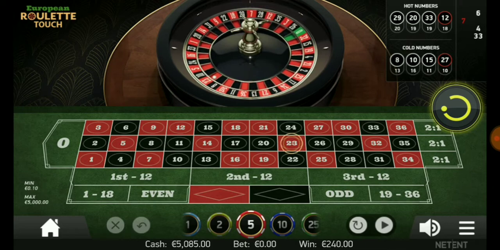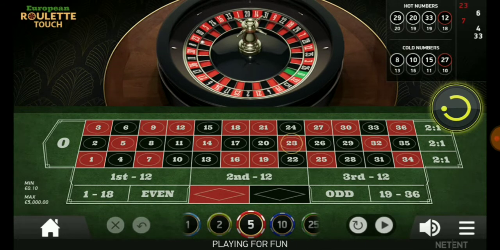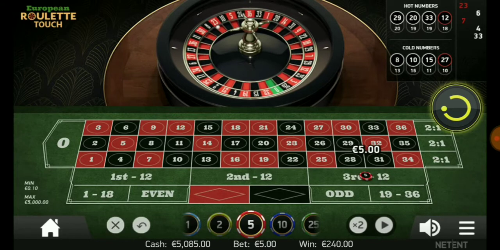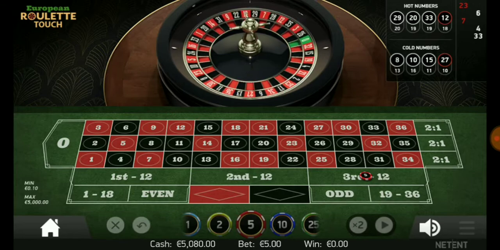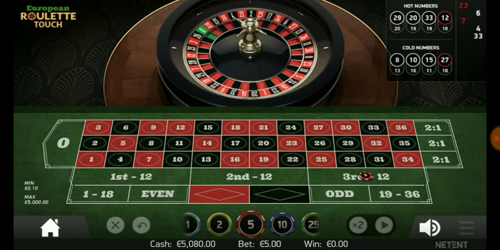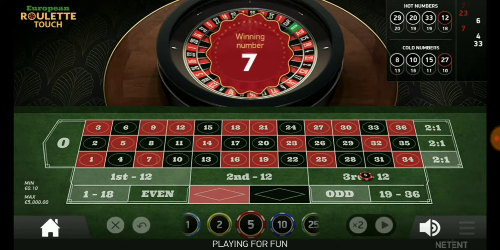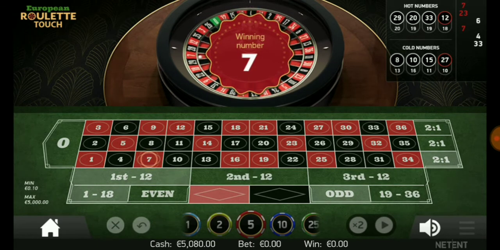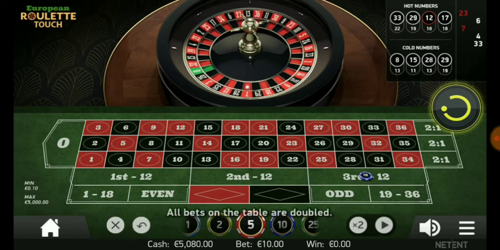So now since I won, I just get back to my base bet. So this time I select the third dozen. So I placed 5 euros on that, and then I hit spin. The winning number is 7 red. And then I double.